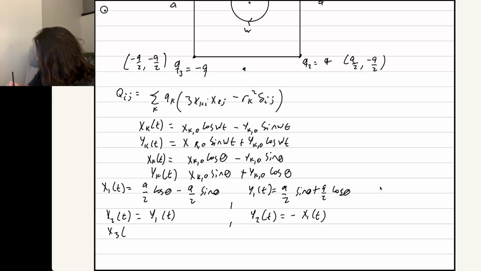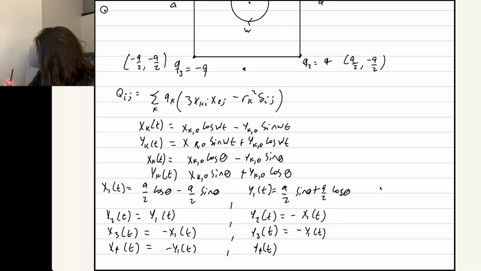The x position of the third will be minus the x position of the first, and the y position of the third will be minus the y position of the first. The x position of the fourth will be minus the y position of the first, and the y position of the fourth will be positive the x position of the first.